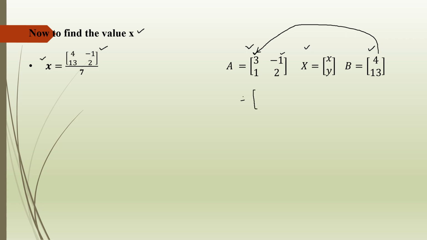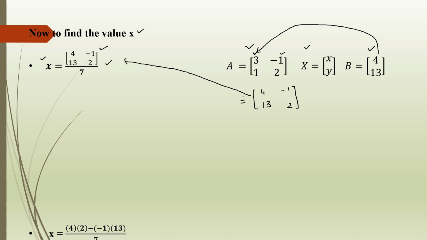So right now we have 4, 13, minus 1 and 2, and this will be divided by 7.